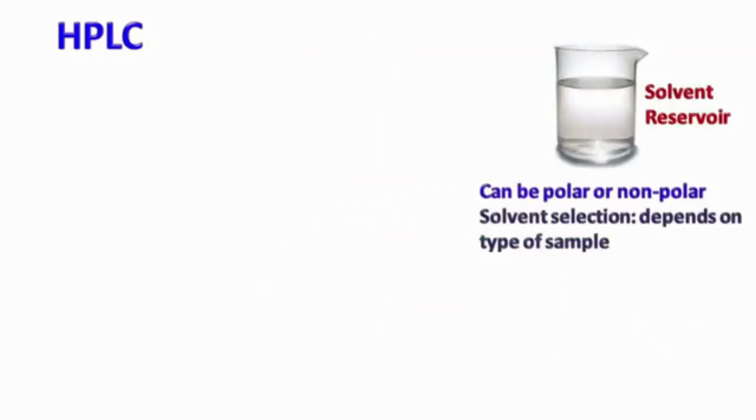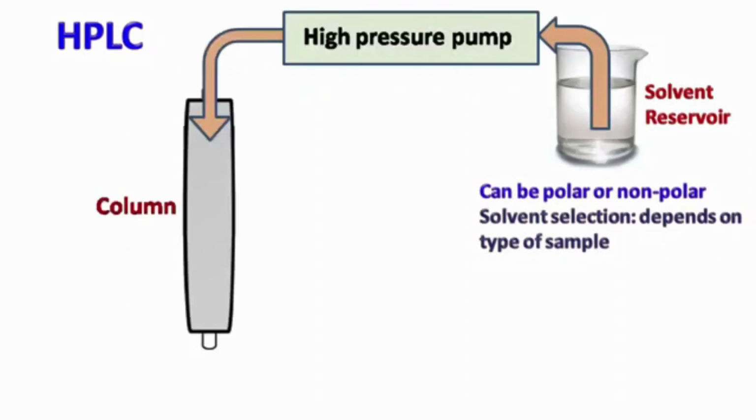The solvent used depends on the type of sample molecules which are to be separated. The mobile phase solvent can be polar or non-polar. The mobile phase is usually kept in the solvent reservoir. The solvent reservoir is attached with a pump which pumps the mobile phase in the column with a high pressure. Just before HPLC column there is an injector which allows introduction of the sample in the column.